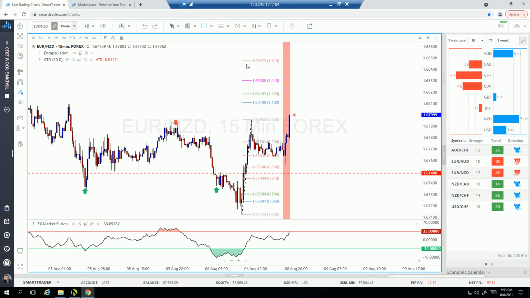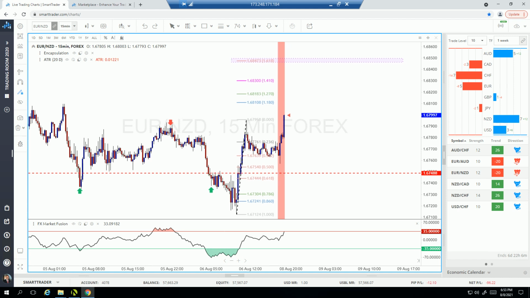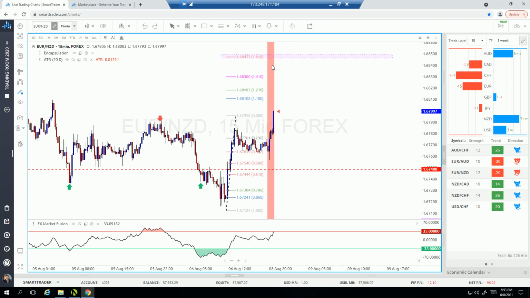What number is that? 1.6847. So this is where we're expecting the market to at least rally to. I would not do anything with the Euro New Zealand dollar at that point in regards to buying. I would not be buying. But if we do see price drop back down to this level down here, then it's going to be an opportunity for us to buy.